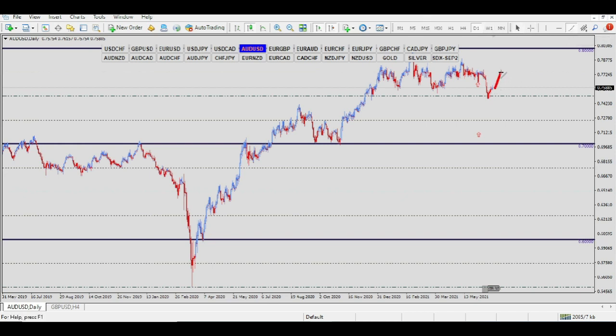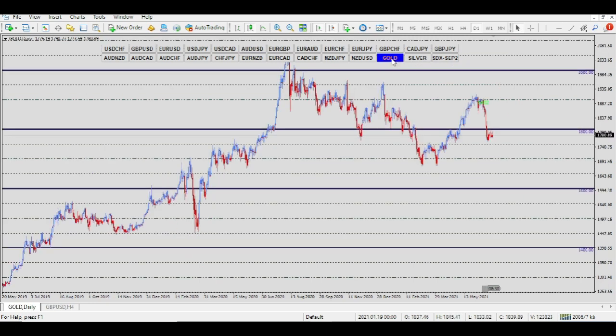Probably what we are going to do first is come and tap there and then go down. That will be my bias, or we can actually go down straight. That will be my bias on AUD USD.